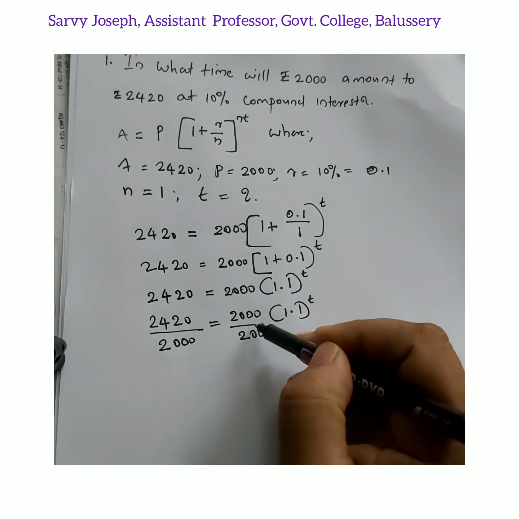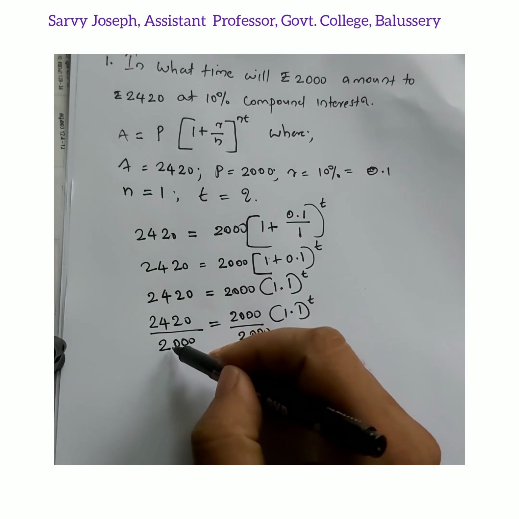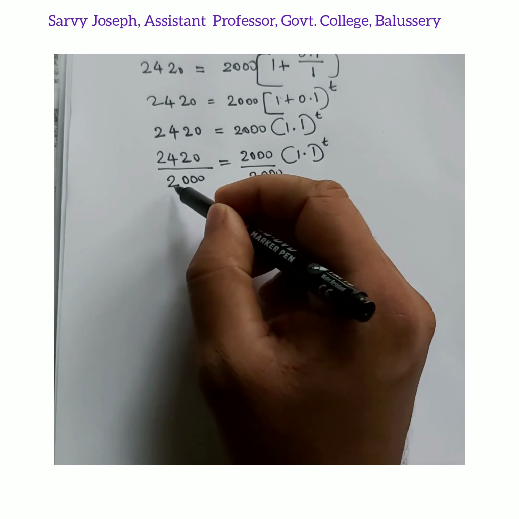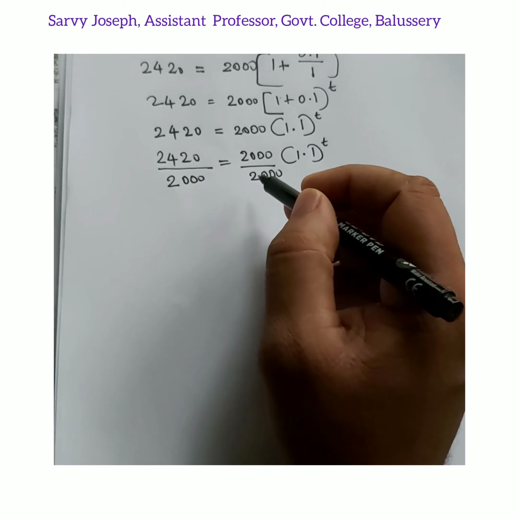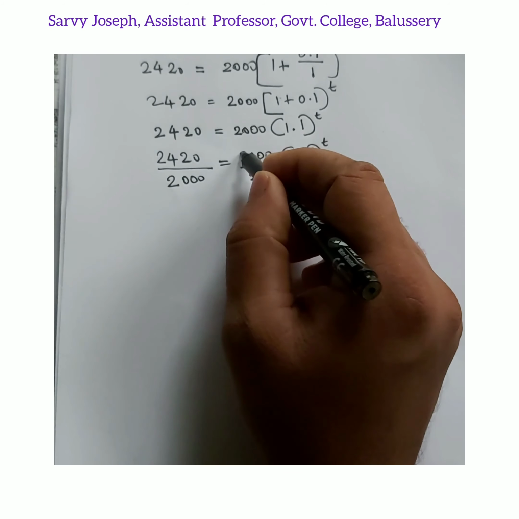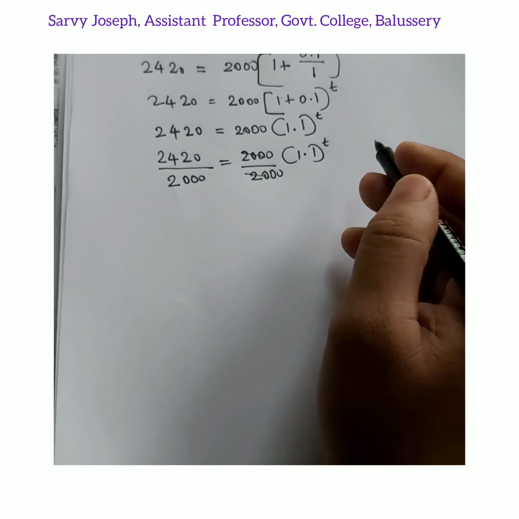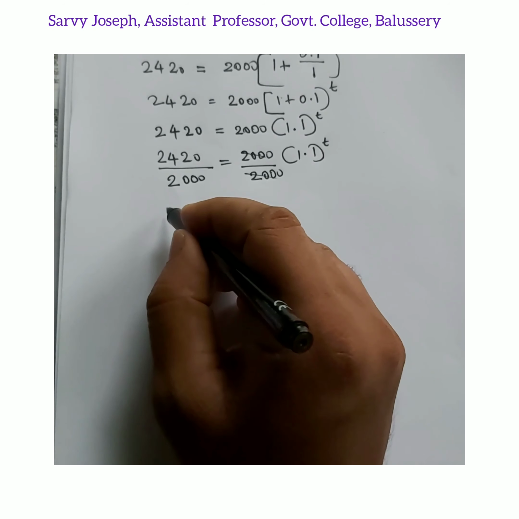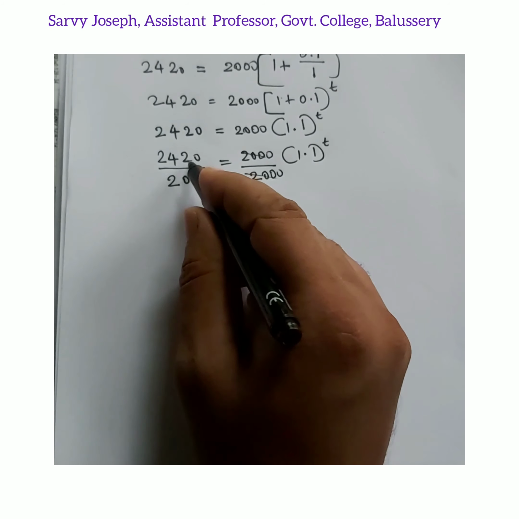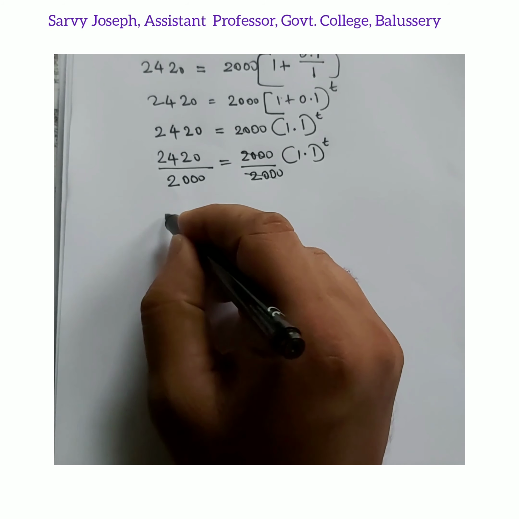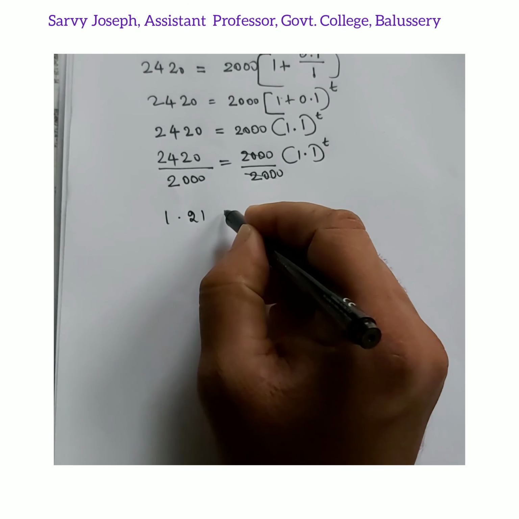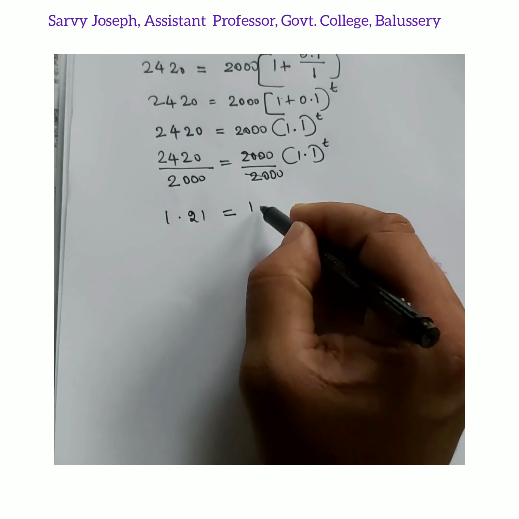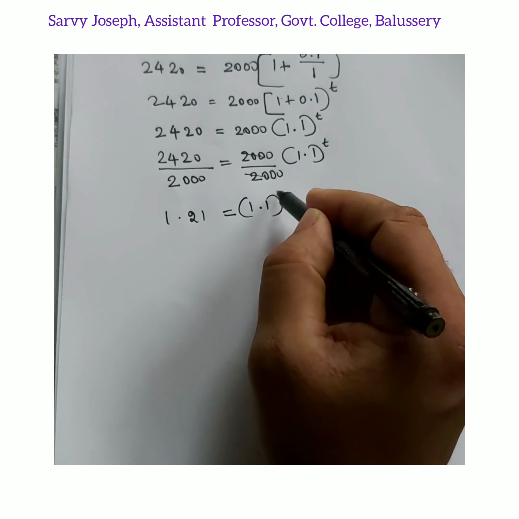Then we can cancel these 2000. So 2420 divided by 2000 is equal to 1.21, is equal to 1.1 raised to t.